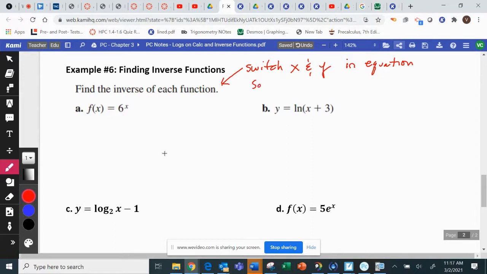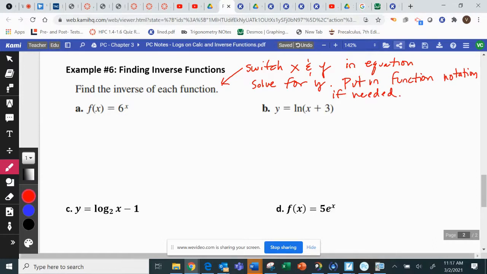And then we solve for y. Put in function notation if needed. Okay. So those are our steps for finding the inverse of any equation.